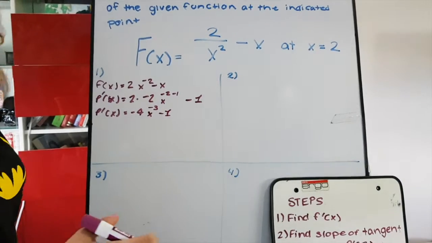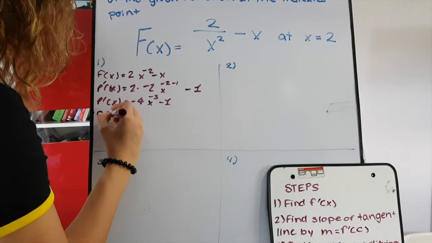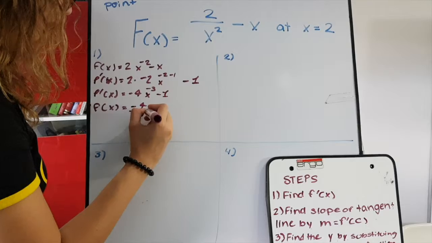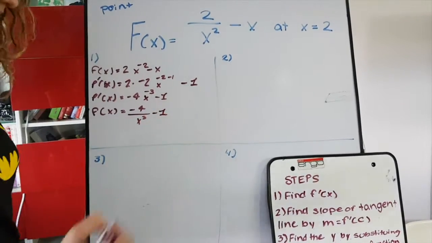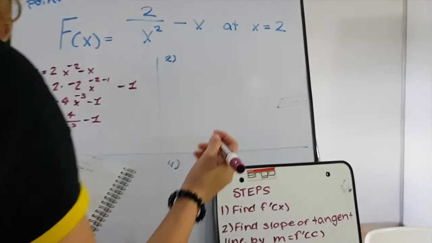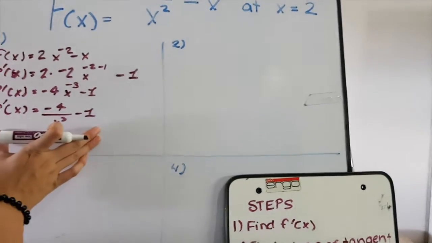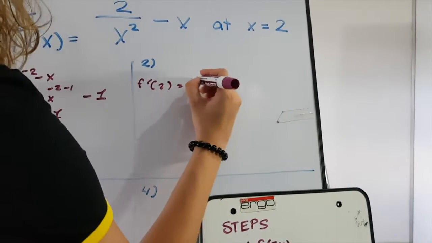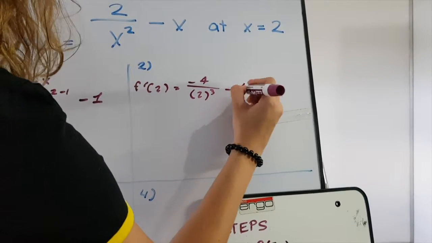Again, we need to rewrite it because we cannot have a negative exponent. So it will be rewritten, and finally we finish the first step with f prime of x equals negative 4 divided by x to the third, minus 1. In the second part, we are going to replace the given point in the function f prime of x, which is f prime of 2 equals negative 4 over 2 to the third minus 1.